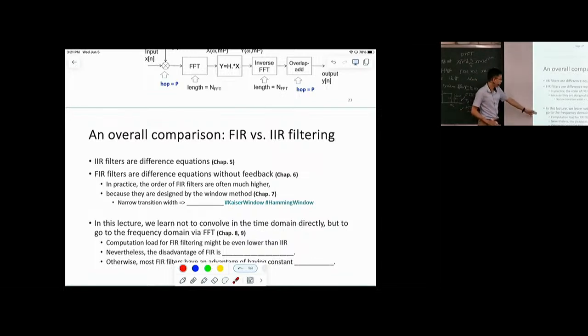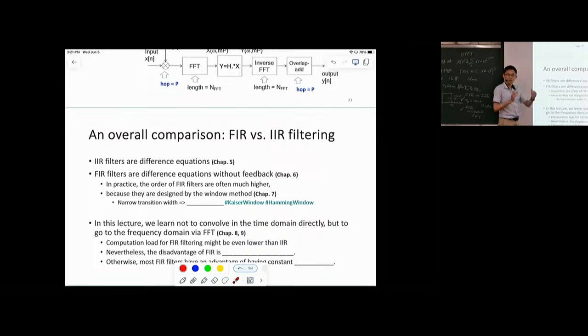So finally, the computation load for FIR filtering, according to my experience, might be even lower than IIR. It is N log 2 N, and log 2 N is much smaller than N, if you notice.